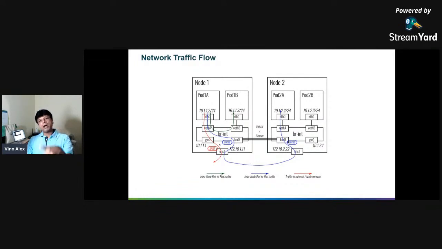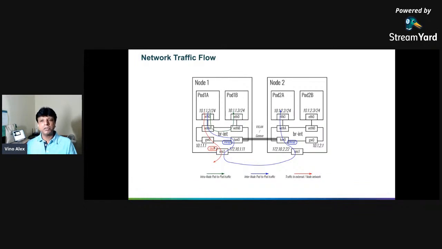Whenever a pod is talking with outside entities, the traffic will flow via the OVS bridge. Then it will do a source NAT, because these IPs are not reachable from outside. When the outside entity sends the traffic back, it cannot reach here.